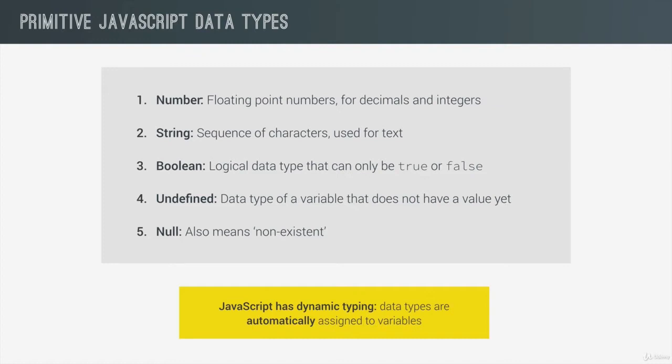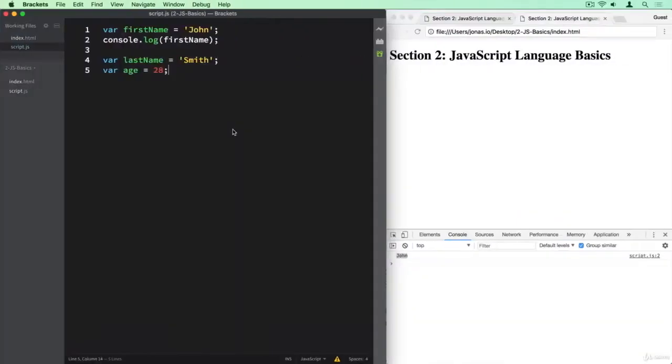So let's now actually see these things in action again and move back to our code. So to show you the Boolean data type, let's create a variable here called fullAge. So var fullAge, and then say true. And remember that Booleans can only be true or false, and so in here we can simply say true or false. Okay, so I could of course also have written false, but in this case, well, John is of course of full age with his 28 age.